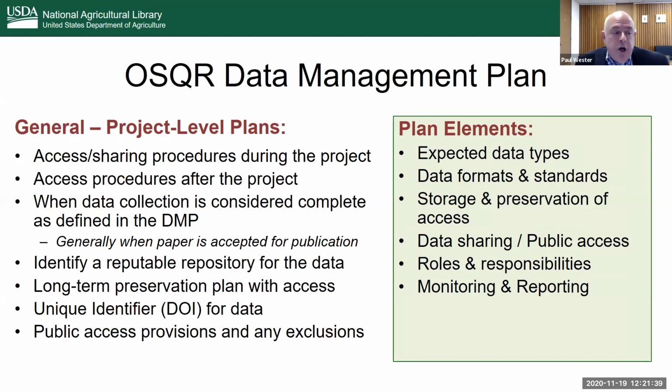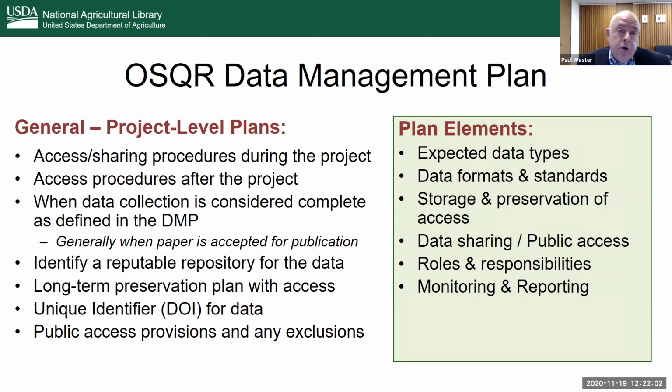The policy also talks about where the data need to be stored, including at the National Ag Library, and how to get to that kind of resource is defined. We can help you identify where the data should be stored and what the long-term preservation plan for access needs to be for those data, which is connected to that repository.